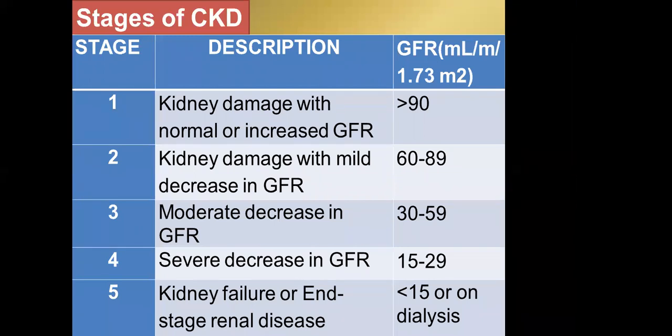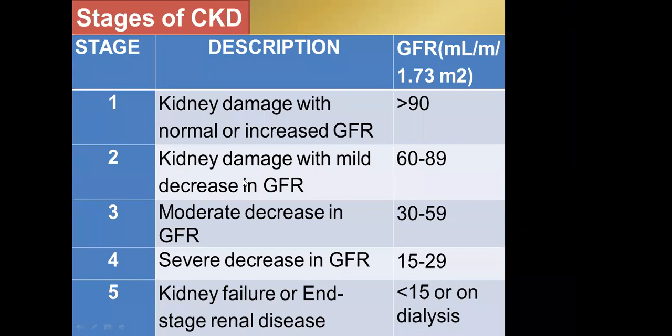In stage 1, there is kidney damage, as we defined previously, by abnormal blood or urine test, abnormal imaging technique, or abnormal finding on the biopsy, with normal or increased glomerular filtration rate, meaning more than 90.